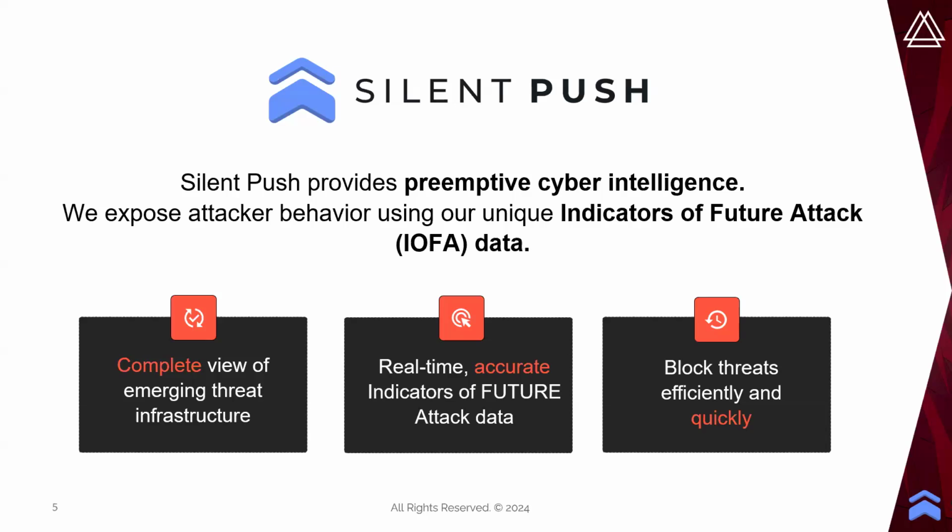This data forms the foundation for tracking the life cycle of malicious infrastructure from its creation to its eventual weaponization. It's our unique ability to combine multiple data points into a cohesive threat landscape that allows security teams to identify patterns that might otherwise go unnoticed.